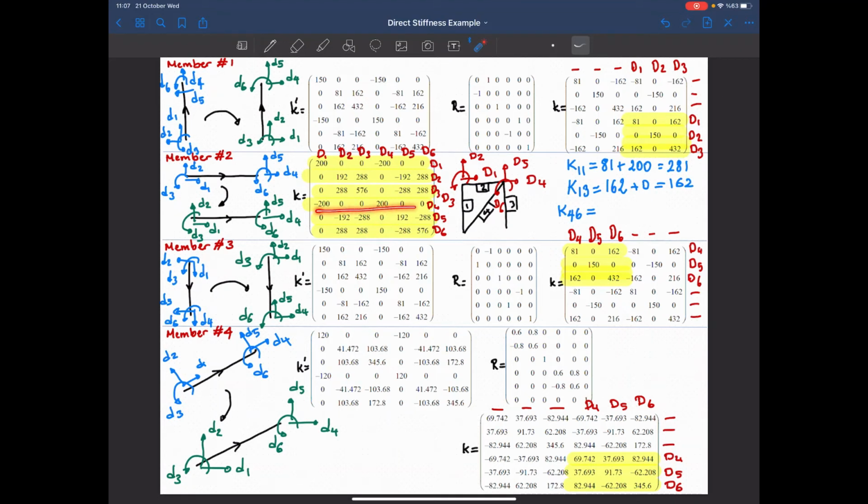The fourth row, 6th column will give you the resistance of this second member. Let's go to the third member now. Unit translation in 4, keep 6 equal to 0. For this one, unit translation in 1, I want to keep D3 equal to 0. So we have a unit translation, K46, right? So I'm looking at K46. It is 162.